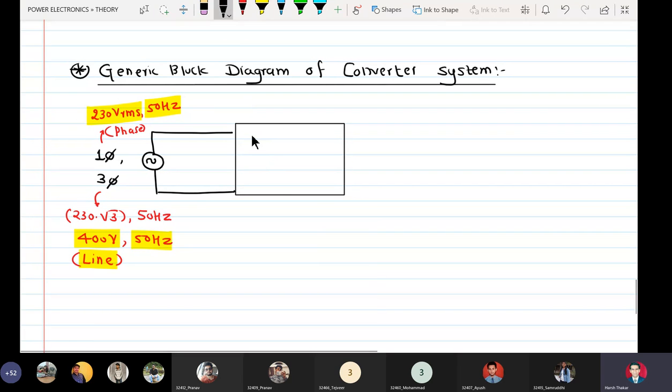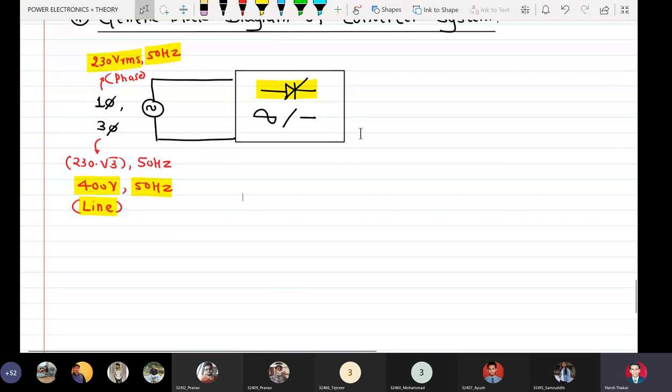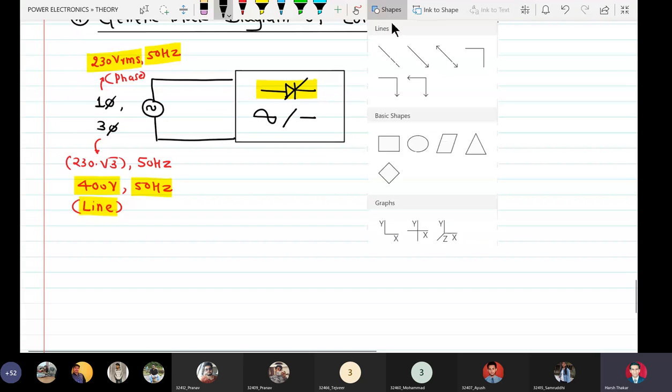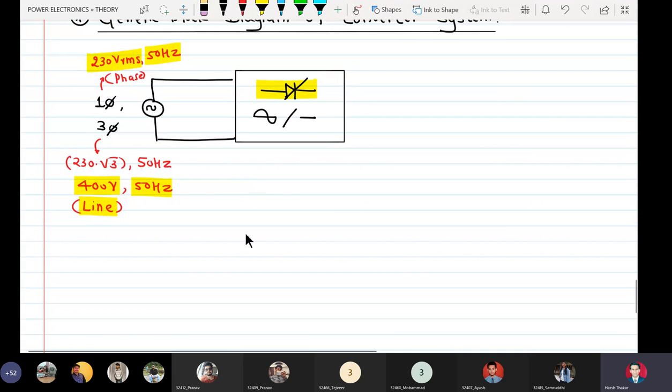And this will be SCR based control turn on, uncontrolled turn off devices. And here we have what is called as firing circuit.